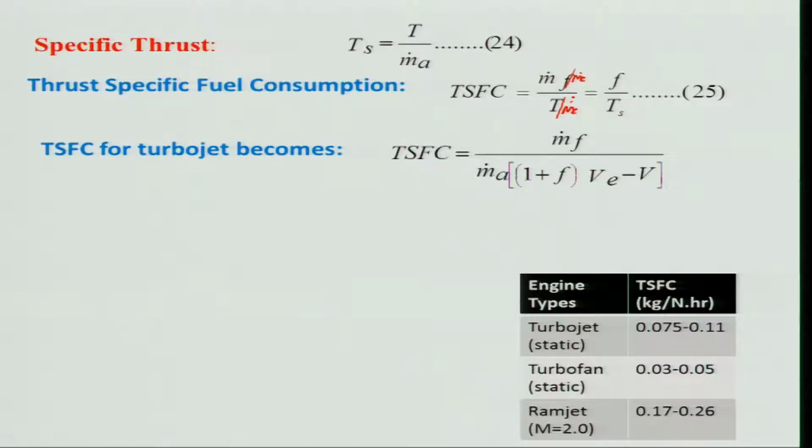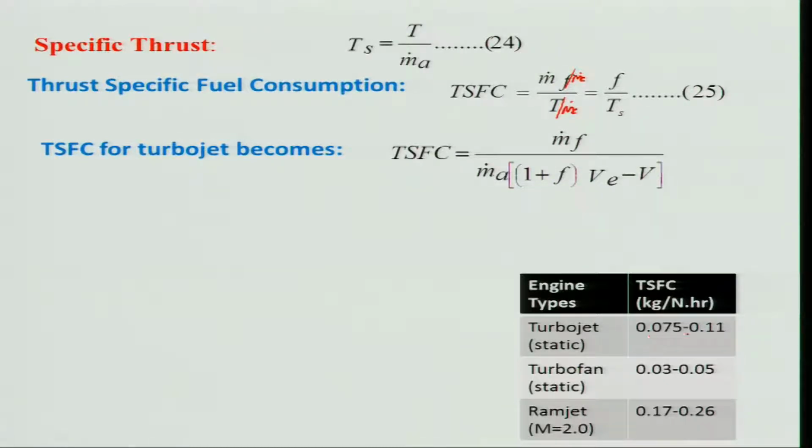There are two conditions, right? Generally, it is customary to look at the turbojet and turbofan particularly at the static condition, right. And another, some people evaluate at the design condition, the design flight condition, right, altitude and flight speed, whatever it is.